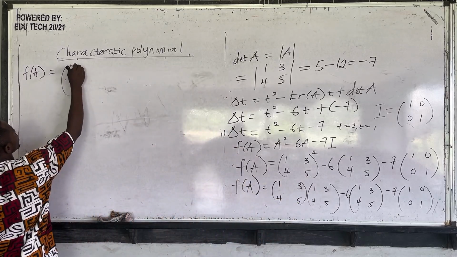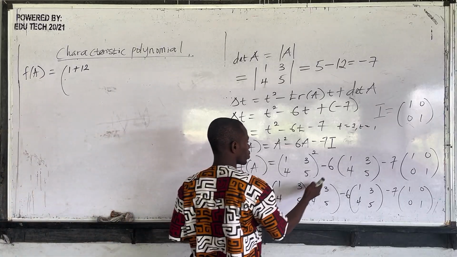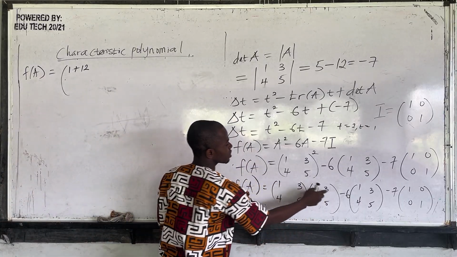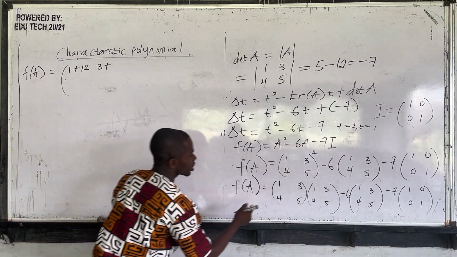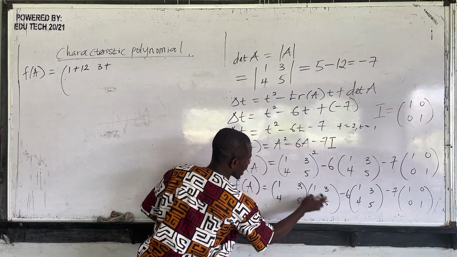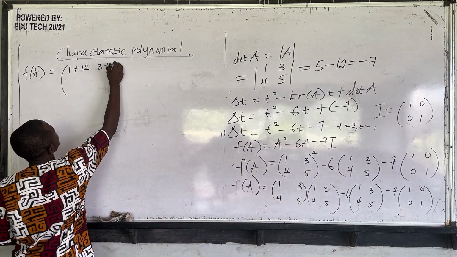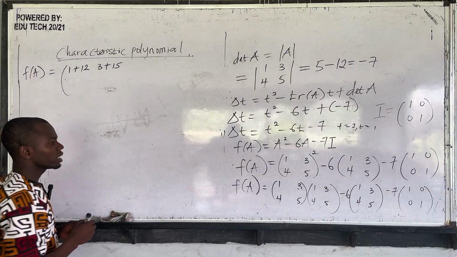That is 1 plus 12. Then I will now go to first row, second column. 1 times 3 is 3. Plus 3 times 5, that is first row, second column. 3 times 5 is 15. As we can see, I'm done with that part.